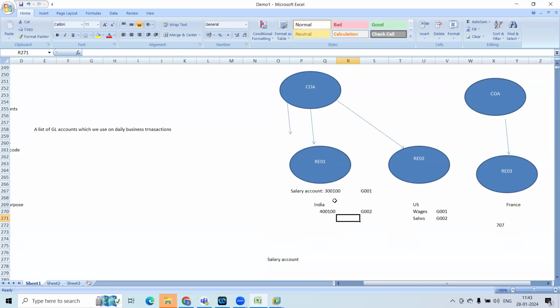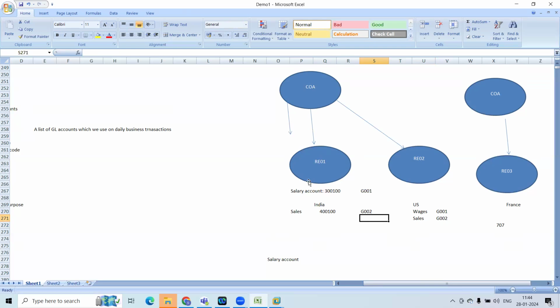Here also sales, but you are mentioning it a different way. Maybe you are using a different term, but it is sales. Both are the same, but the description is different. Then you can group it. This means in India sales is G002, in the US sales is G002.